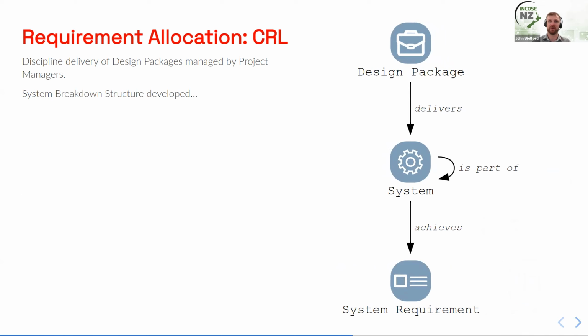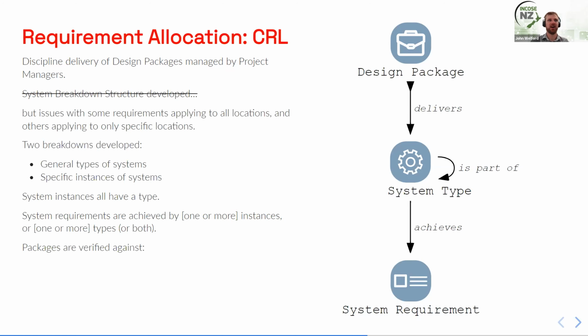But what we found when we started off doing this is that requirements tend to vary in what they're talking about. Some of them apply to all of the locations. And of course, on City Rail Link, we're delivering two brand new stations, one almost completely redeveloped station, quite a few changes at Britomart, and sections of tunnel in between all these stations. So we've got a lot of similar but slightly different locations.